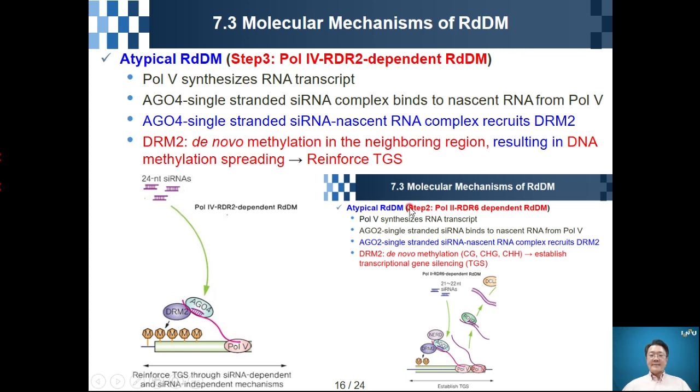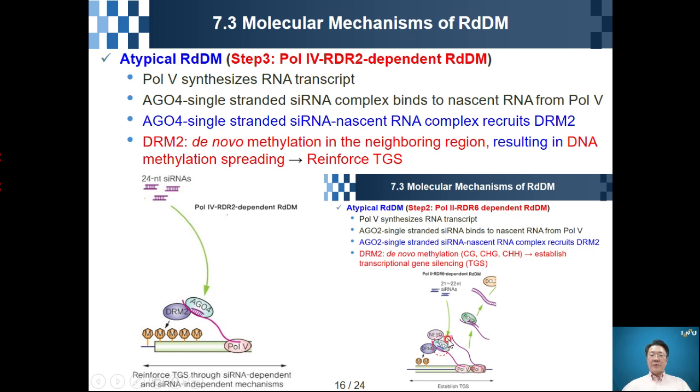How about in step 2, in atypical RdDM? At that time, polymerase 5 also synthesizes the RNA transcript. At that time, AGO2 with a single-stranded siRNA binds to the nascent RNA from polymerase 5.